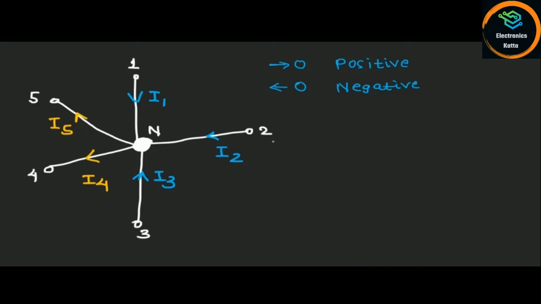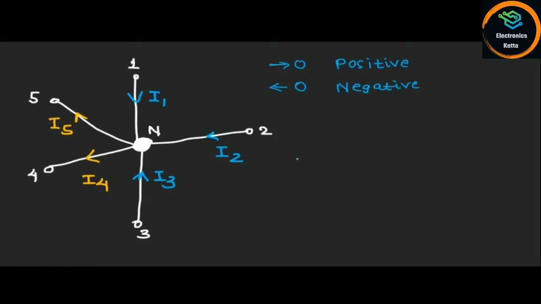So here, as you can see, currents I1, I2 and I3 are entering the node, so we consider them as positive currents, while currents I4 and I5 are leaving the node, so we consider them as negative currents. And according to Kirchhoff's law, the algebraic sum of all these currents is 0.